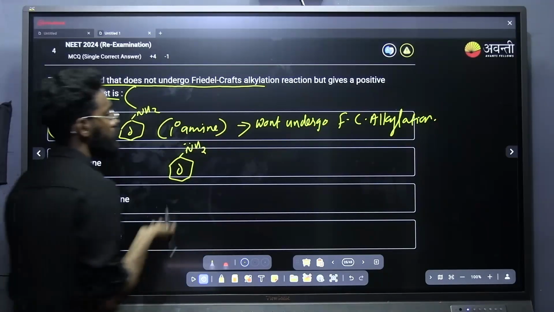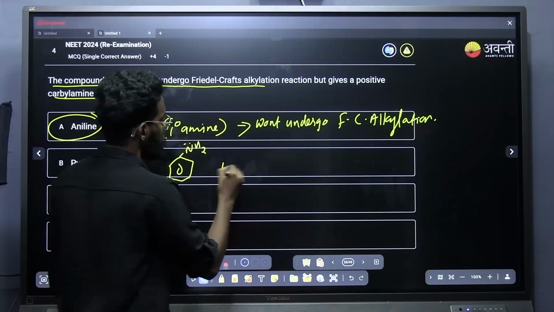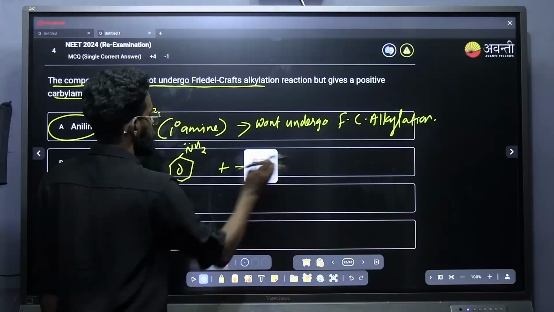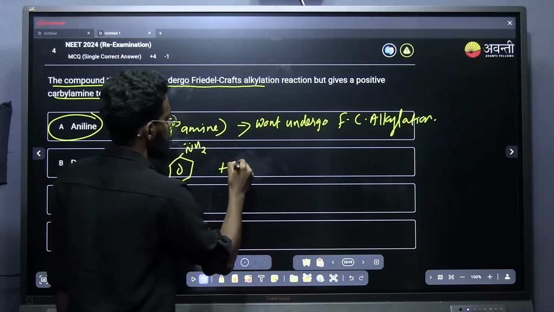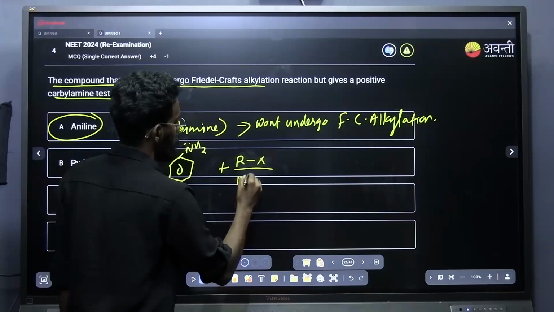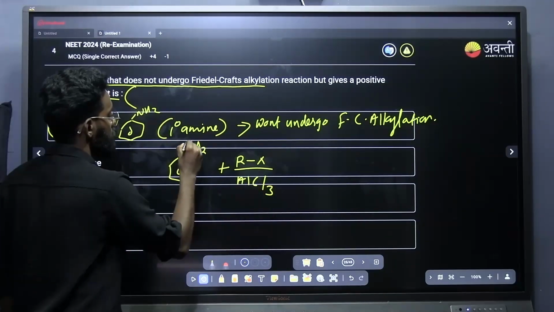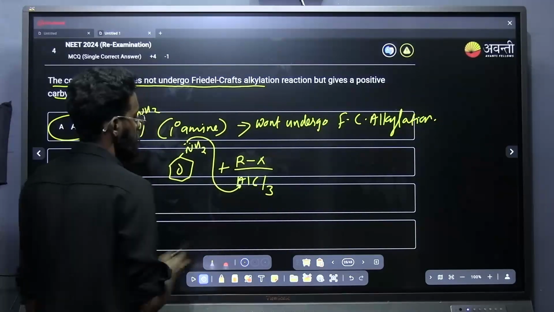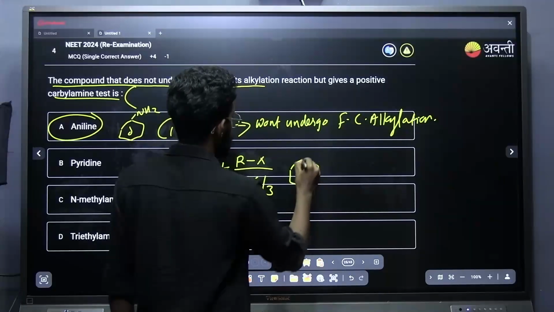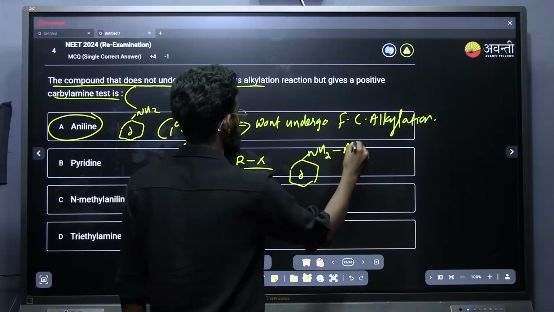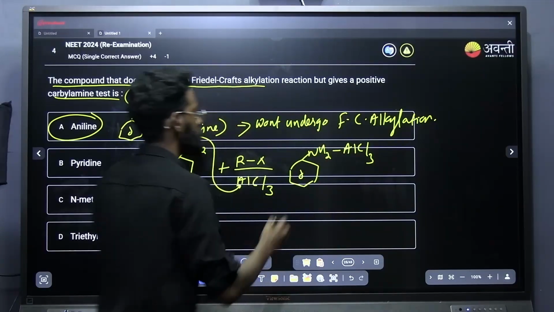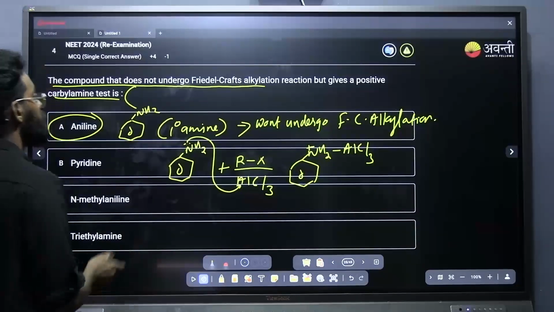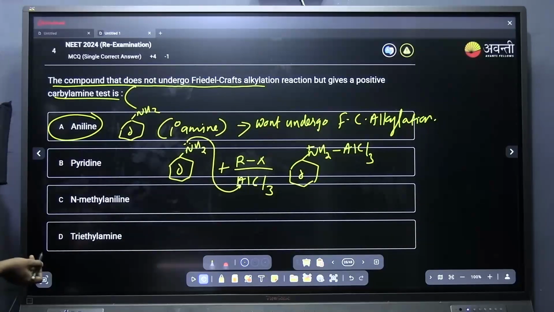If I am treating aniline with R-X in presence of anhydrous AlCl3, the lone pair in aniline will be donating electrons to the aluminium and will be forming an NH2-AlCl3 complex. This is a deactivating group, and due to the deactivation it won't be giving Friedel-Crafts alkylation reaction. Okay, that is why aniline.